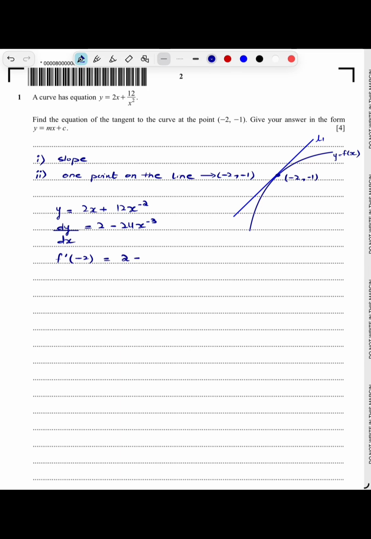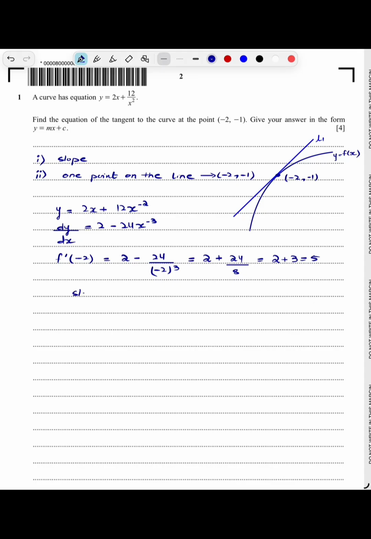We'll have a 2 here and then 24 over -2 to the power of 3. So this is going to be 2 minus 24 over -8. So this becomes a positive actually. 8 threes are 24, right? So 2 plus 3 is going to be equal to 5. So there we have it.